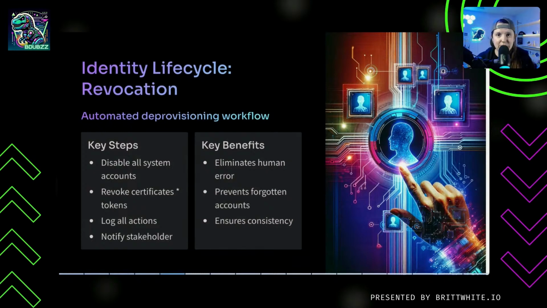The system carefully logs each action, creating a detailed audit trail. Finally, relevant stakeholders receive automatic notifications about these changes. This automation is important in today's organizations. It eliminates human error, it prevents forgotten accounts, and it ensures a consistent, thorough process every time.